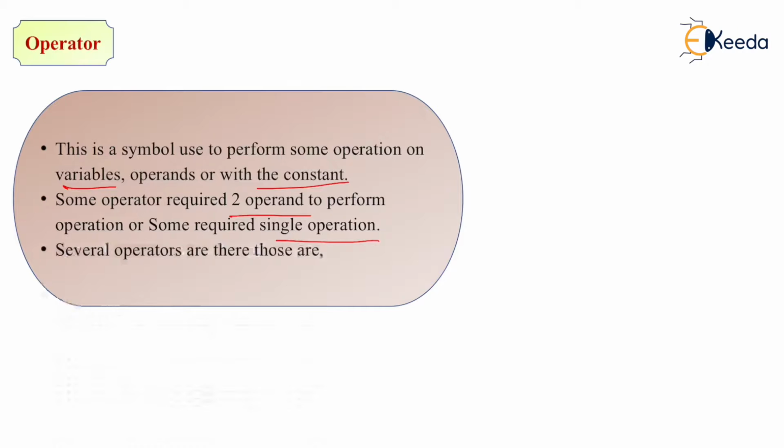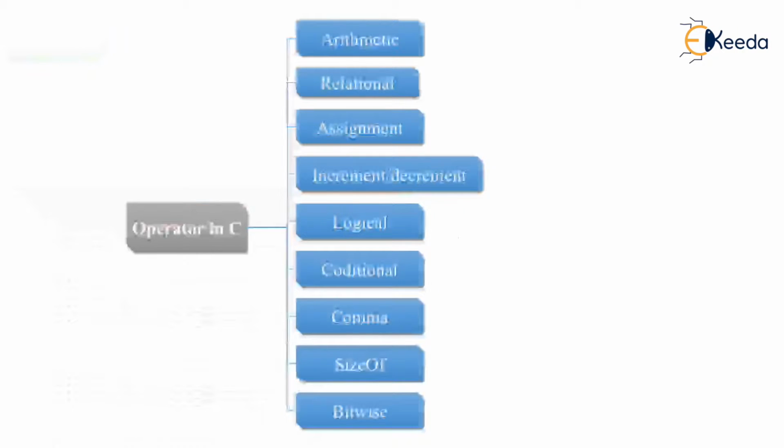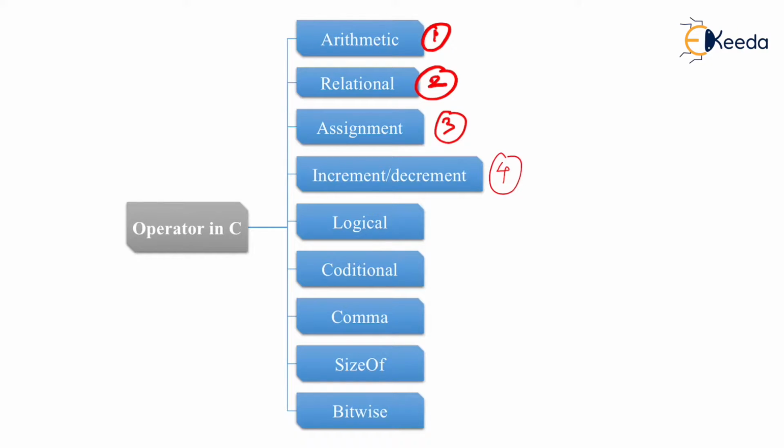Several operators are there. For example, first is the arithmetic operator. Second is the relational operator. Third is the assignment operator. Fourth is the increment decrement operator. Fifth is the logical operator.